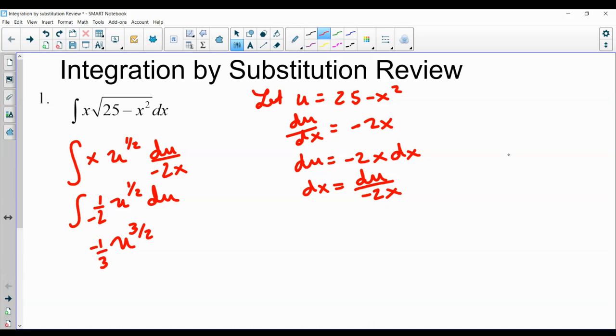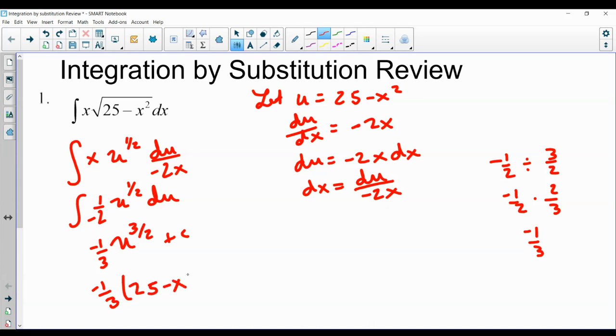So, you just go over here if you have to. Negative 1/2 is being divided by 3/2. So that's negative 1/2 times 2 over 3. And then that just leaves me with this. Okay, anyway, back over here. Oh, plus c. And then in the very end, you just want to replace back what you had in for u.